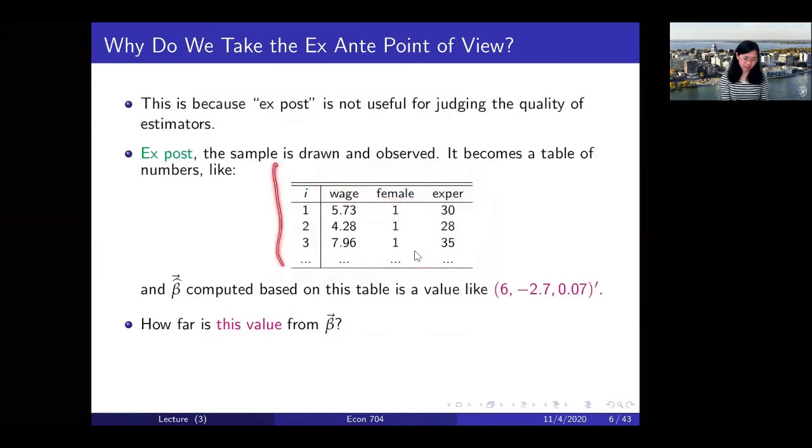Then you can calculate your ordinary least square estimator, say of wage regressed on female and experience, and plugging in the numbers from this sample, you get the numerical value of the estimator. Let's suppose it is 6, minus 2.7, and 0.07. This is a numerical value.